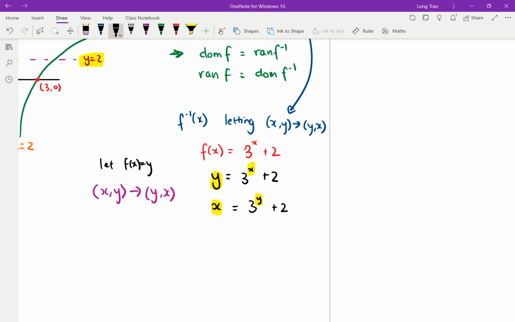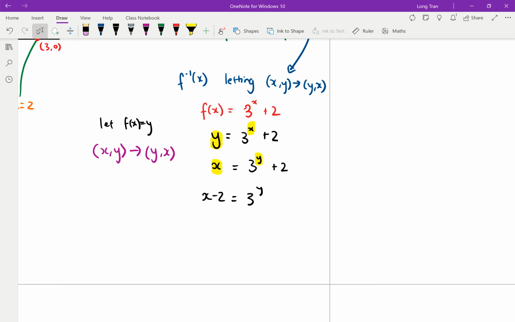We say, okay, minus 2 on both sides. Remove the base 3, because that's exponential base 3, so the inverse is logarithmic. To solve this, we're going to do log base 3 of both sides. That now gives me the next line as log base 3 of x minus 2, and then log base 3 of 3 to the power of y.